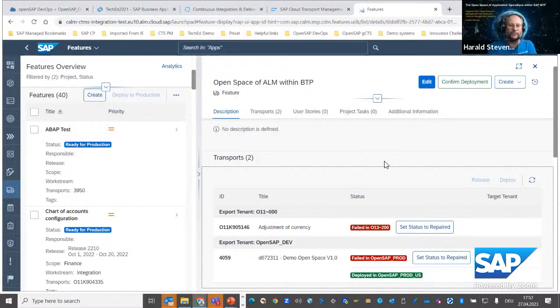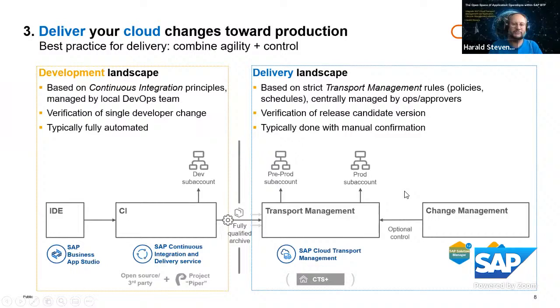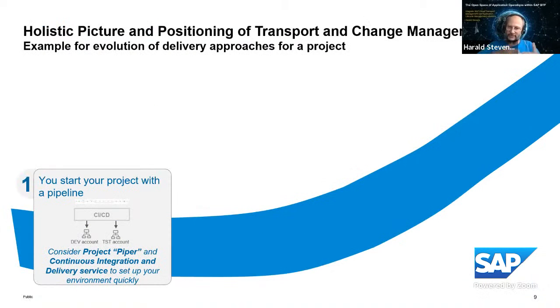So from that point of view, I think I'm mainly through. I just want to close with a closing slide, just to give you an idea of what a typical journey would be if you start small with a cloud project. You would start by creating a development in a test account, and then attach your pipeline to it, so that you have automation of the development process to some extent.